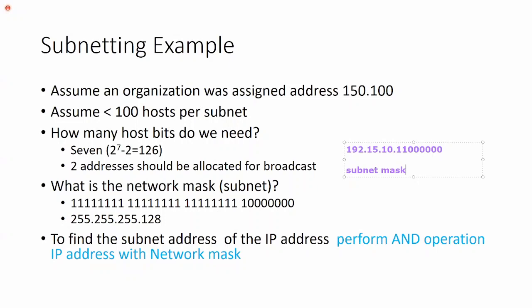Subnet mask means we take all these network ID bits to 1, right? We are going to show all the network bits as 1, right? So this is called the subnet mask of the network. In that previous example, this is the subnet mask.